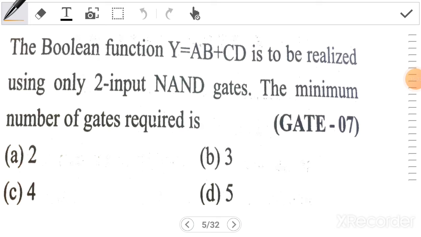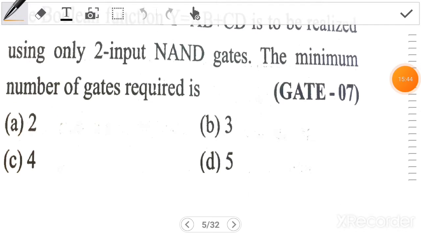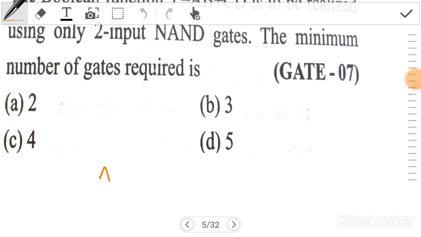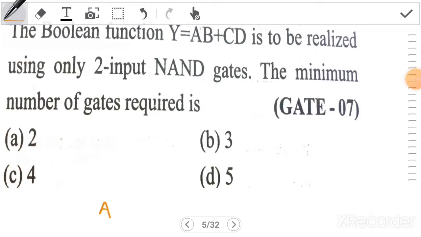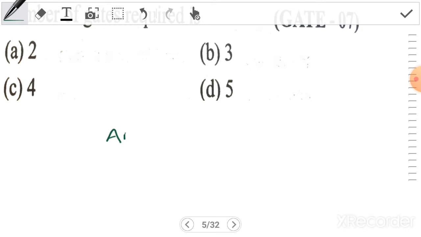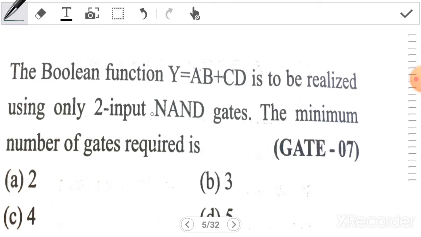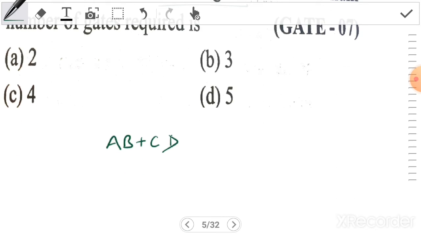The Boolean function Y equals AB plus CD is to be realized using only 2 input NAND gates. The minimum number of gates required is? So we have AB plus CD. Since the question is asking for NAND realization, we can complement this 2 times.